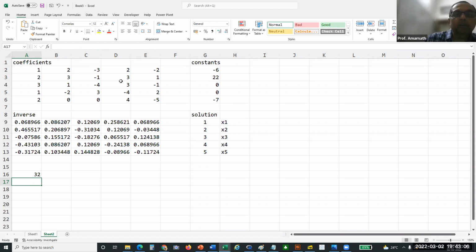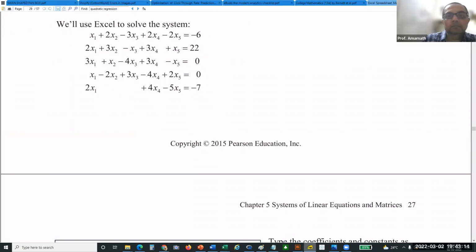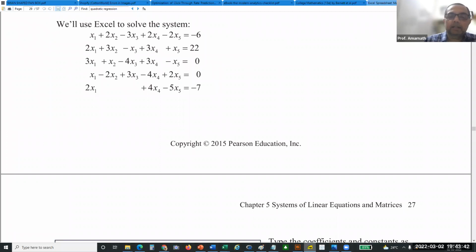I should not get 32. I should get minus 6. Right? Using the RHS and the coefficients, I have got the values for x1, x2, and x5. If I put those things, I should get minus 6. Correct? Can somebody correct me here? Right, that's what I need to get. Correct?